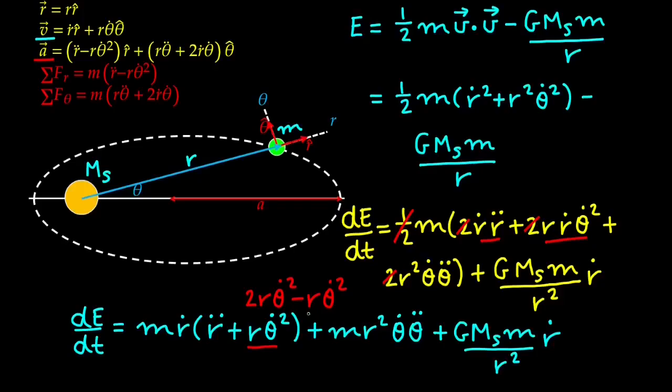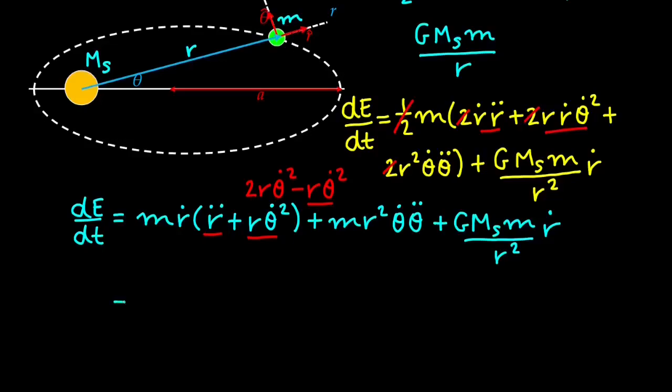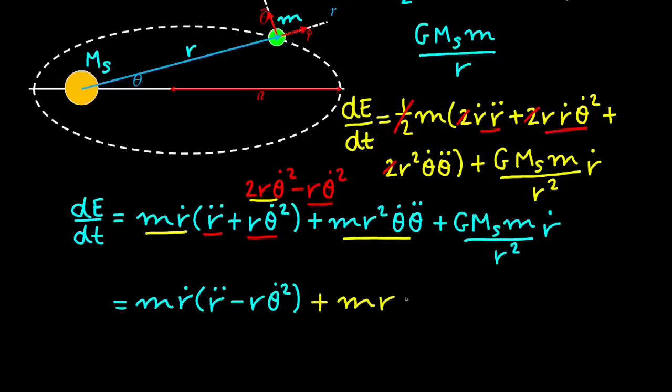And then grouping this term with the first one, then we can group this term with this one. And don't forget about m r dot. So we factor out m r theta dot to get the expression in this form.